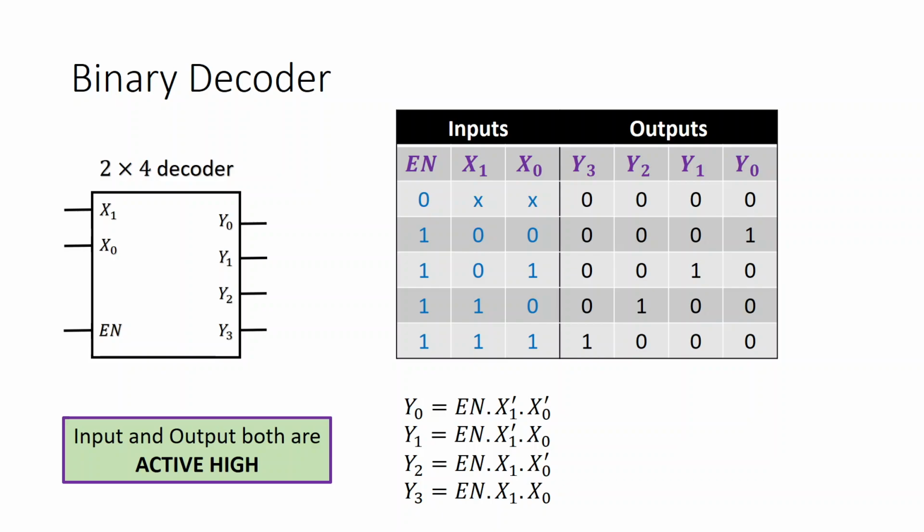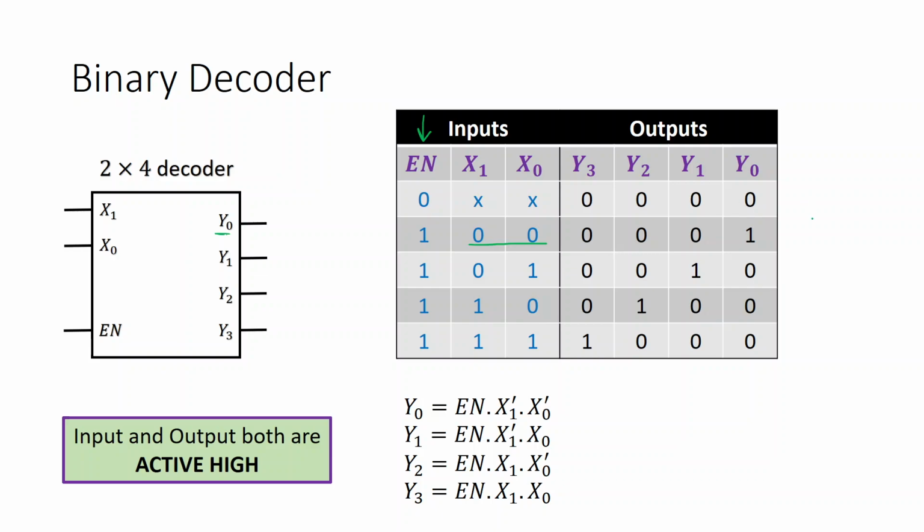So it is the usual or easily understandable case. Suppose you are having the inputs as 0 0. Which output is going to be active?